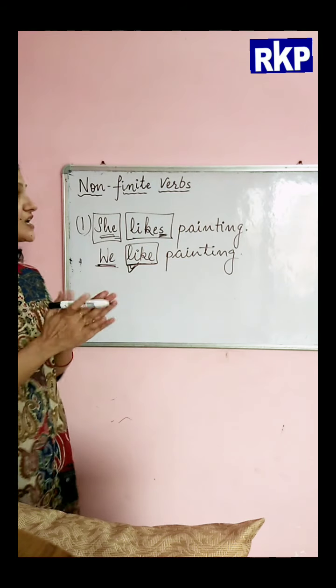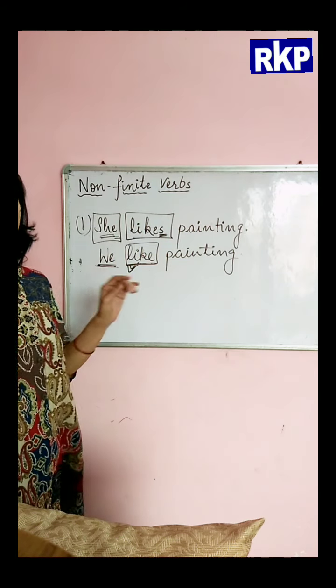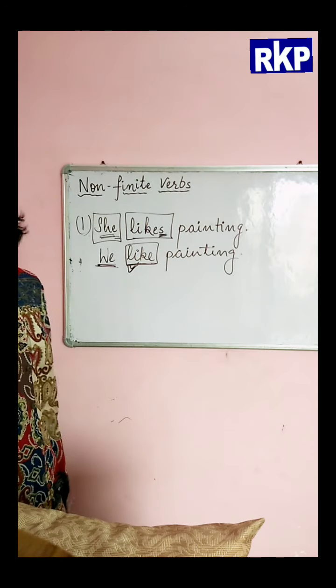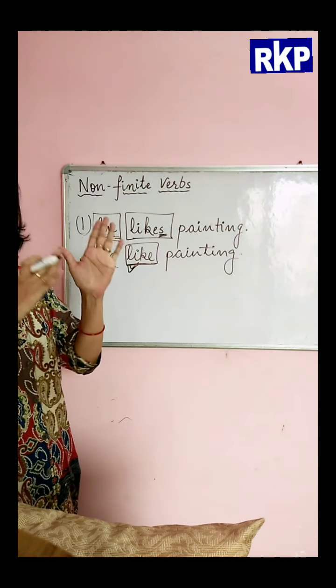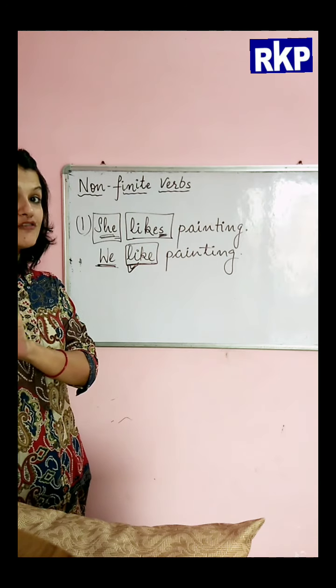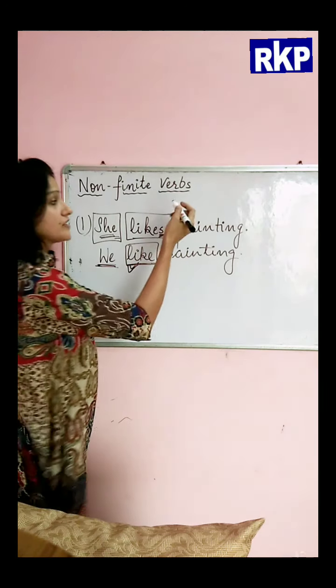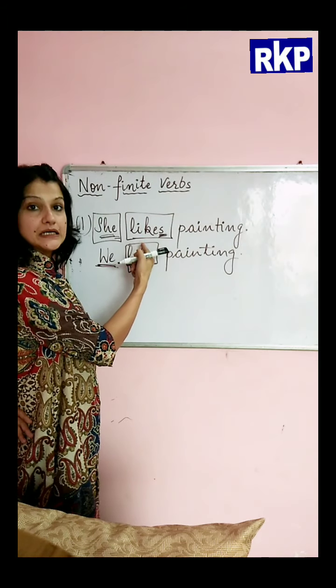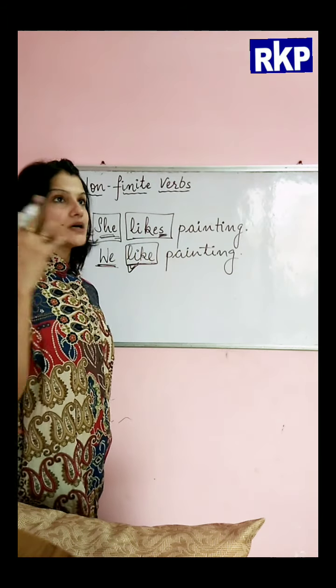Okay, right? So, and beta, one more thing, it's very important that we know what is first form of verb, second form of verb, third form of verb. Okay, so it's very important. For example, let's take the example of a verb.